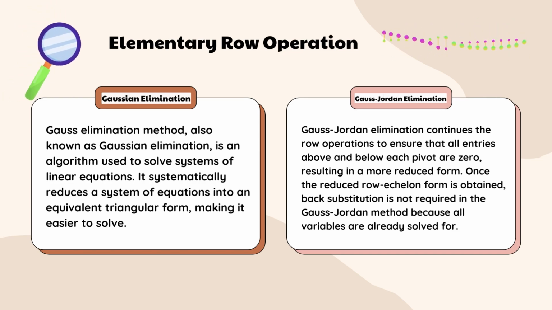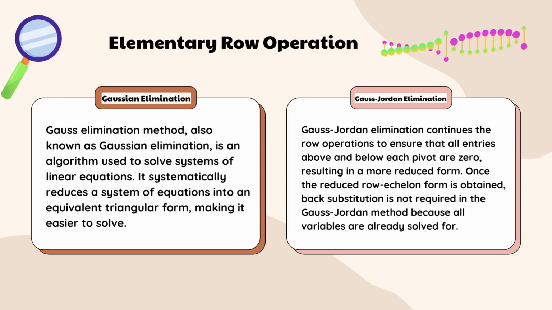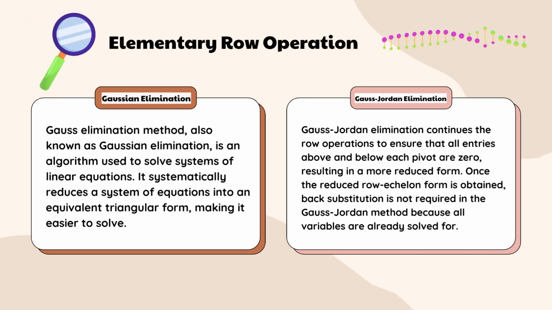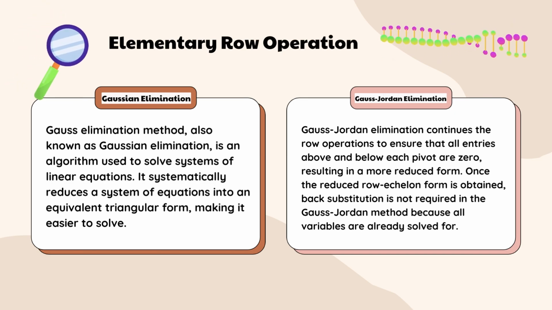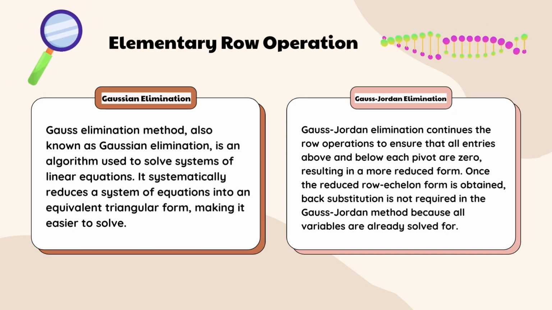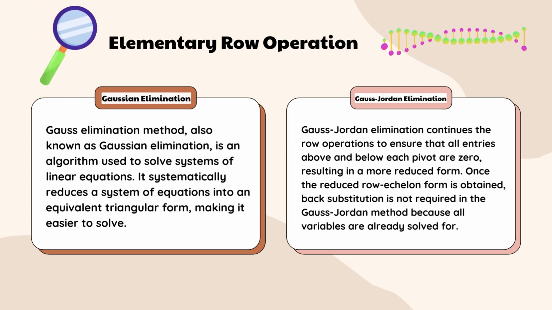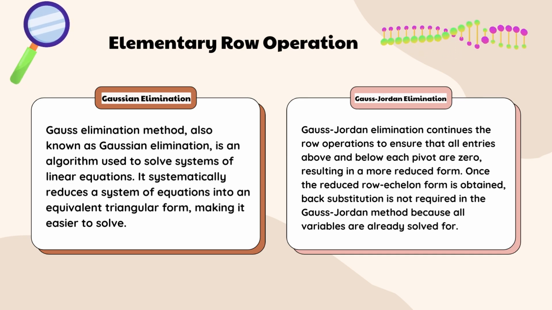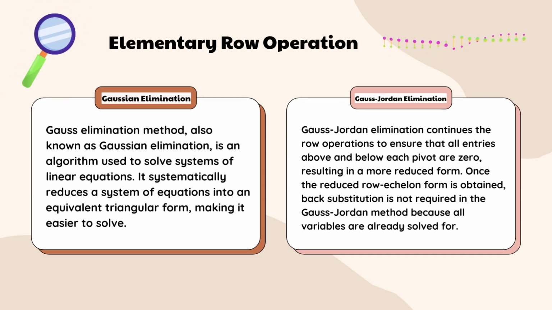Gauss-Jordan elimination continues the row operations to ensure that all entries above and below each pivot or leading number equal zero, resulting in a more reduced form.